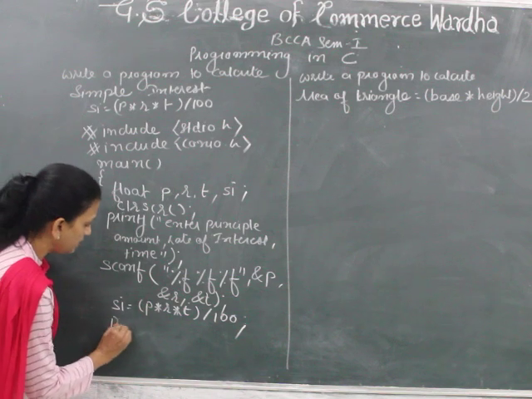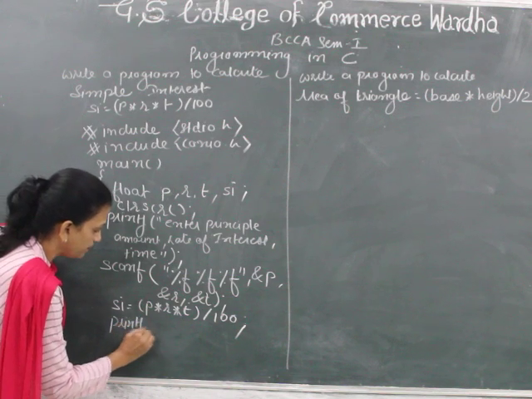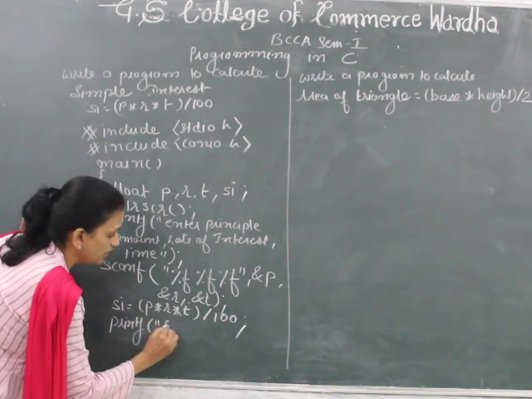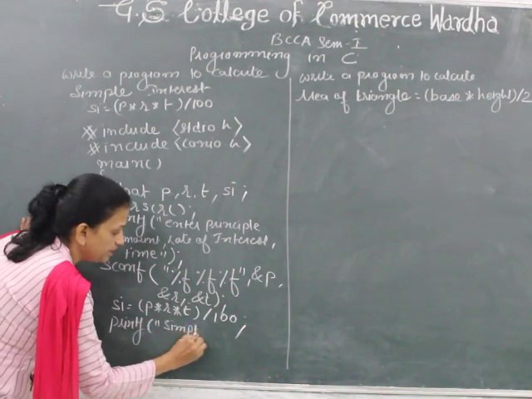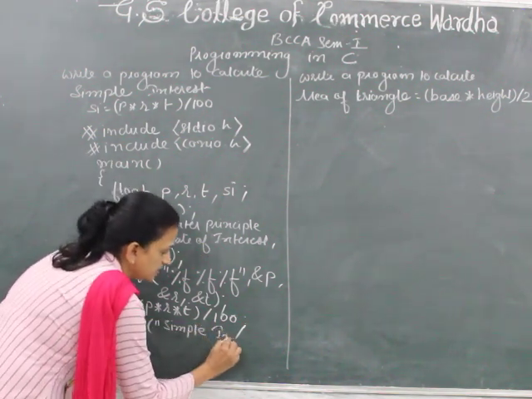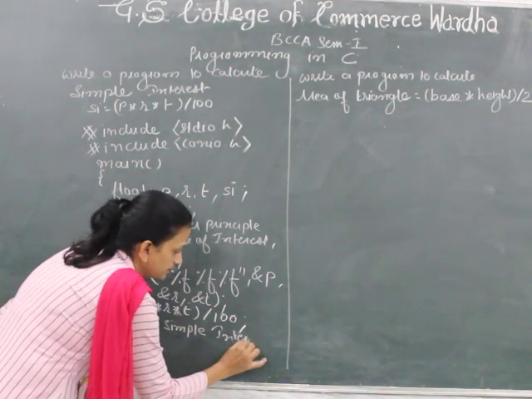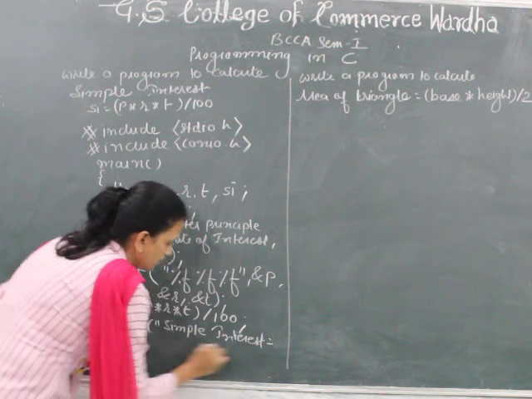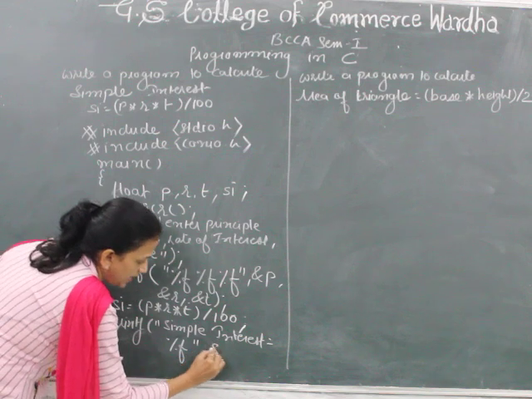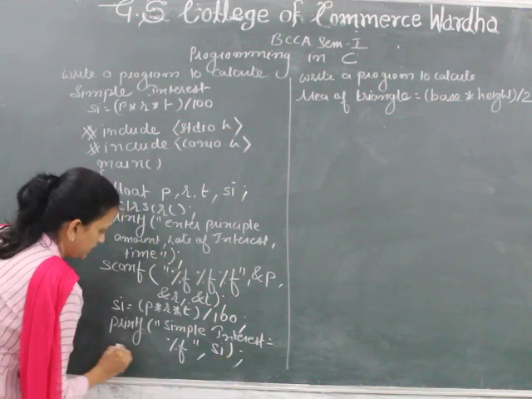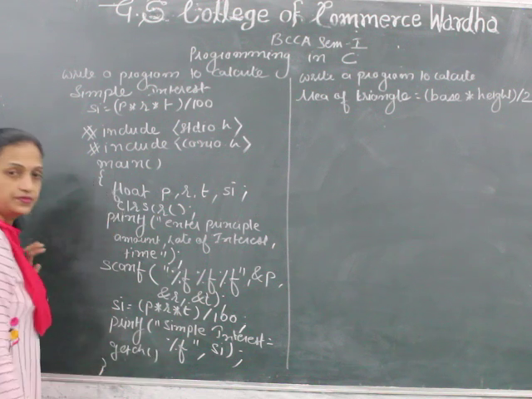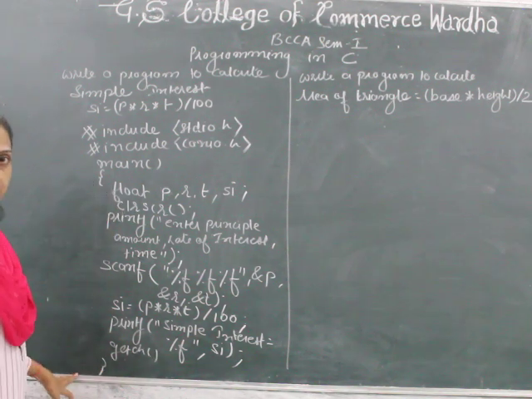Now print the SI variable, the value of SI, which is the simple interest. So here we print: simple interest is equal to %f, comma, SI. Then getch and the closing curly brace.